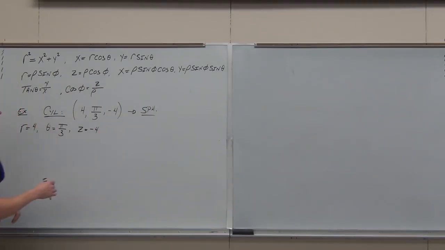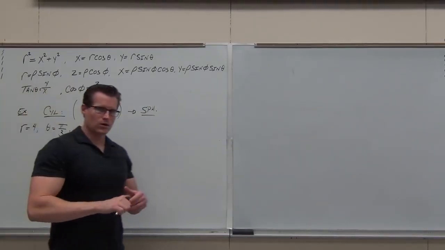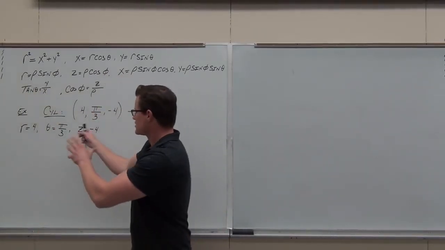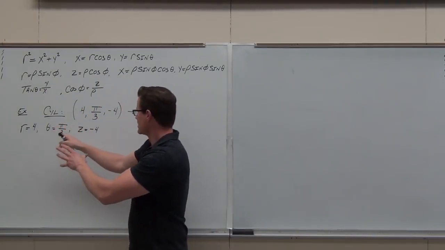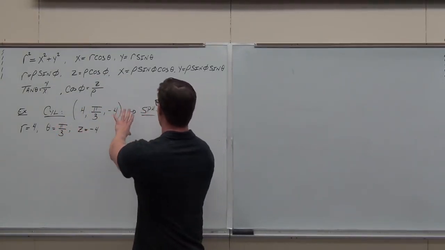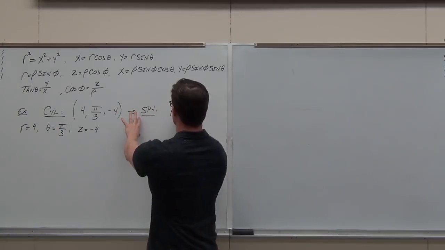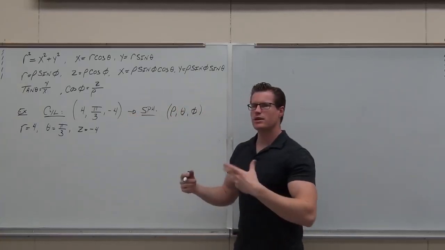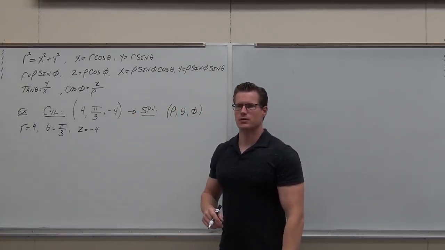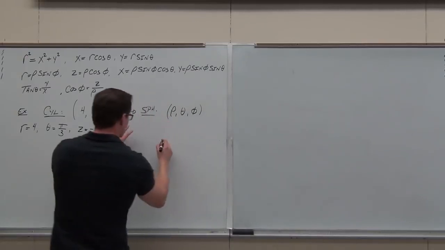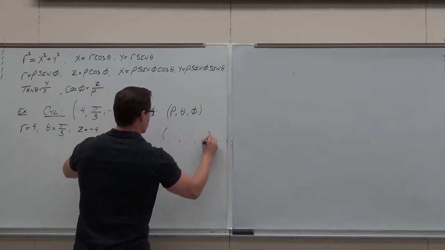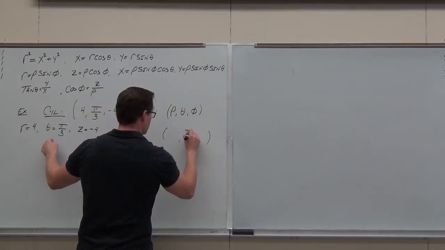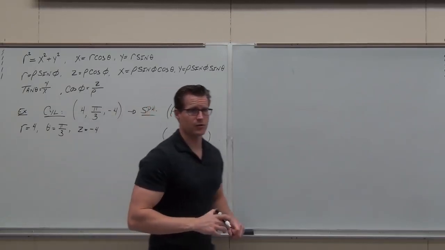So let's translate it. Can we go from R's and Z's and thetas into what I want: rho, theta, and phi. Which one of these guys do we already have? I already know that spherical theta, I'm going to get pi over 3 for sure.